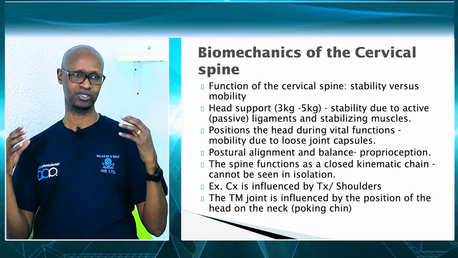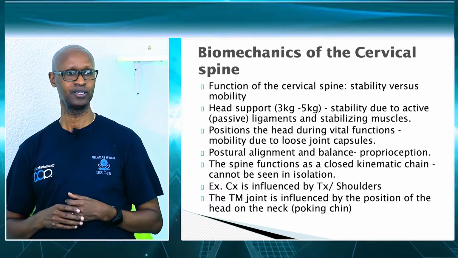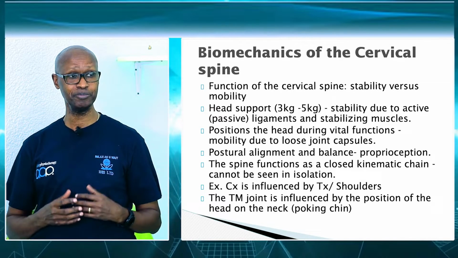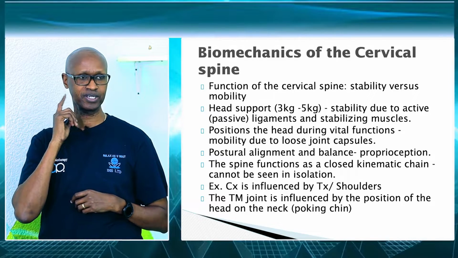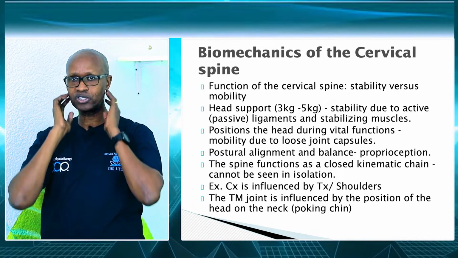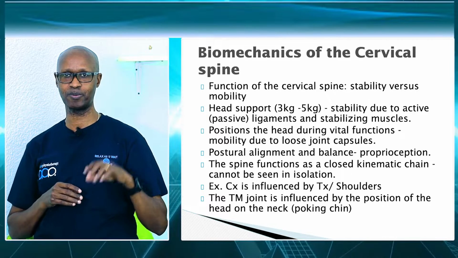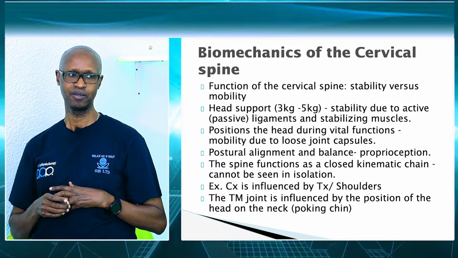Very important, because some muscles attached to the spine also go to the glenohumeral joint. Also, the temporomandibular joint can be affected because it has a close relationship with C1. So whenever you have a problem with C1, you can end up with temporomandibular joint pain.